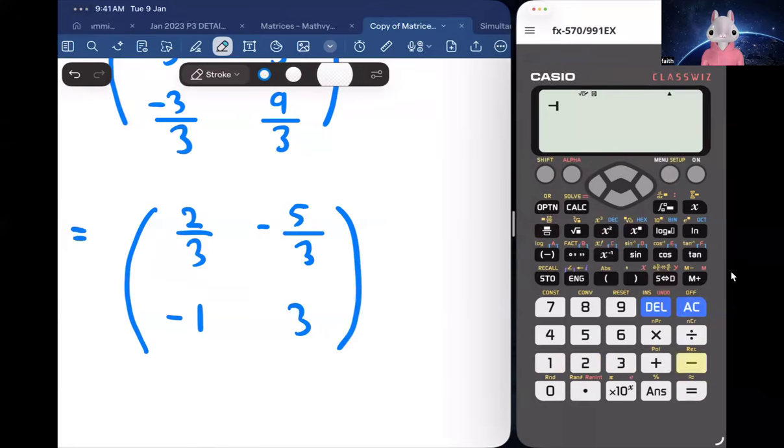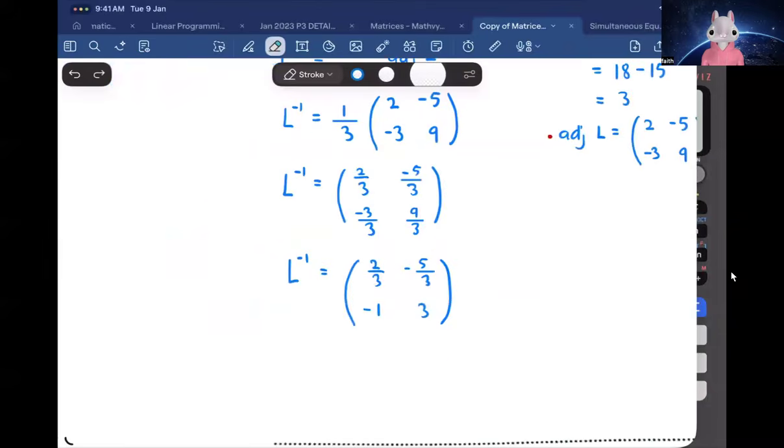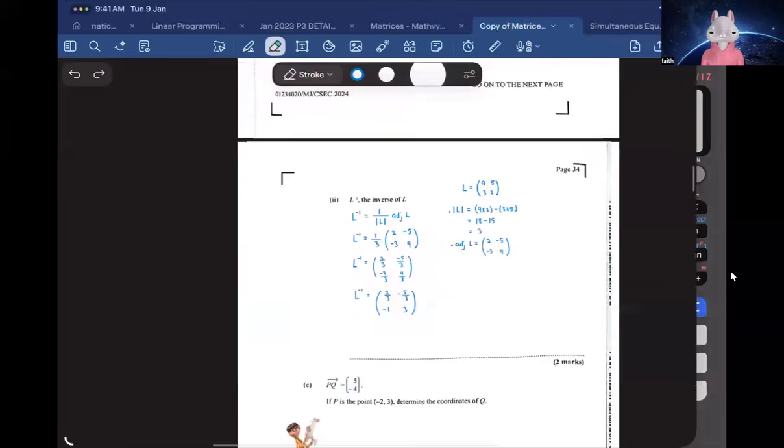Minus 5 over 3 is minus 1.66 again, and then you see the minus 1 and the 3 at the bottom. So that's why you do inverse on the Casio. All right, so we know how to find inverse.